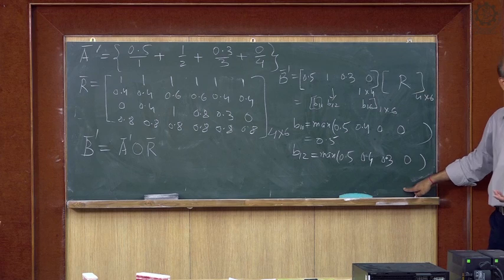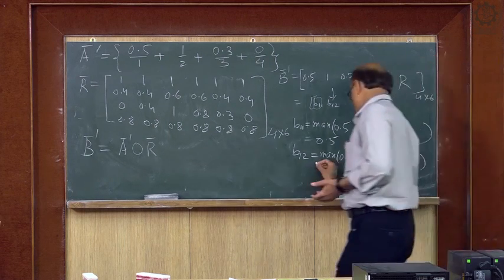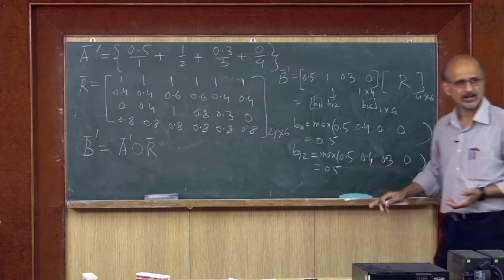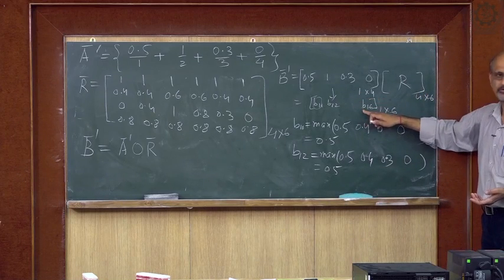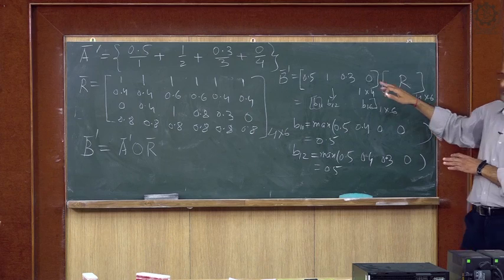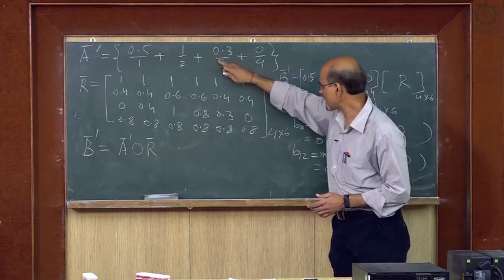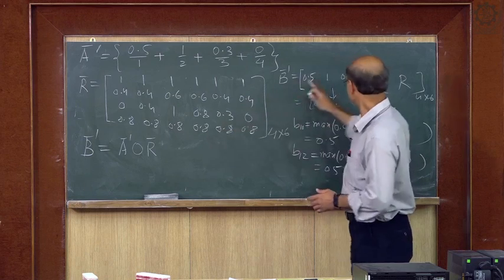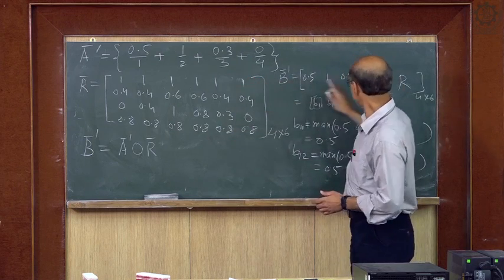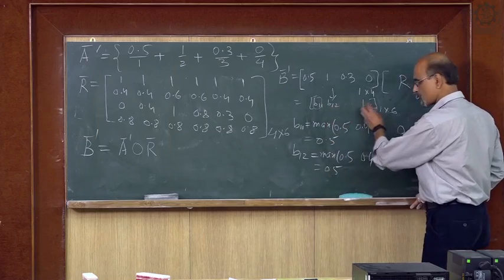Understood how it is got? So now the maximum among these is 0.5. Like that I can have B13, B14, B15, B16. B13 will be this and this, B14 this and this, B15 this and this, B16 this and last one. So you will get the maximum of all those.